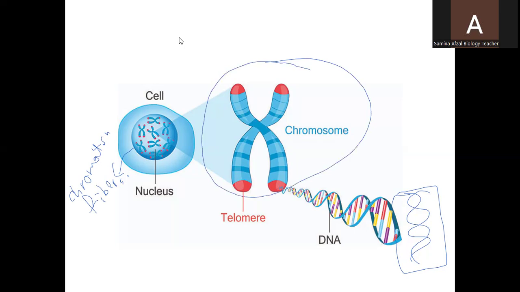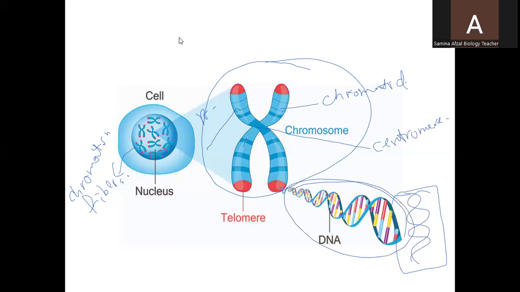And you can see the chromosome, chromatids, and this is the center, the centromere. Inside it is made up of protein, and inside this there is DNA. Every chromatid contains this DNA molecule inside.